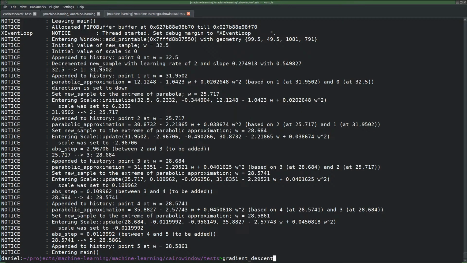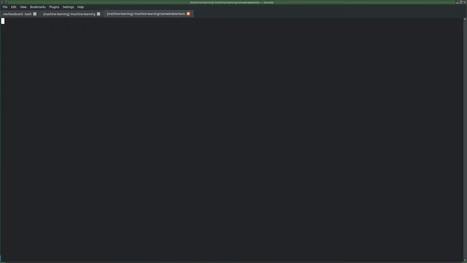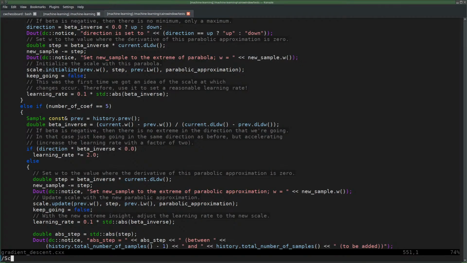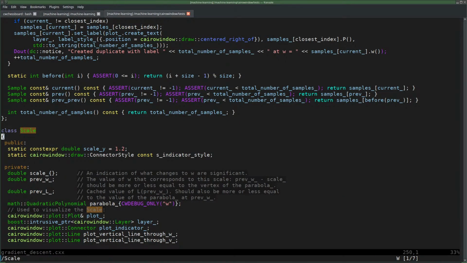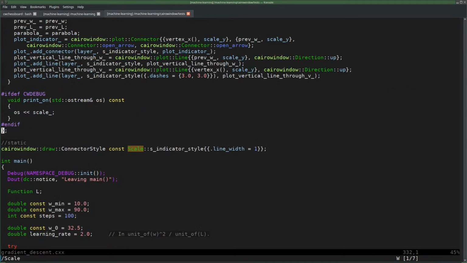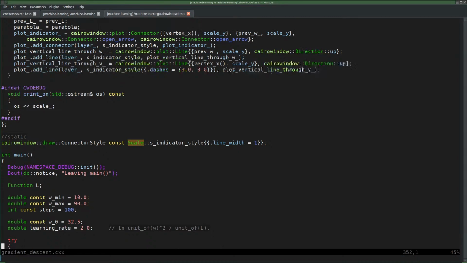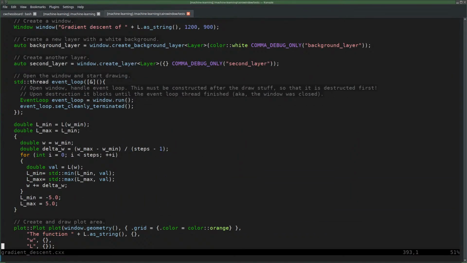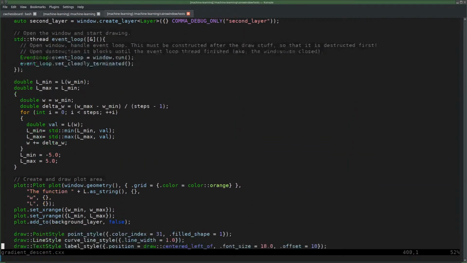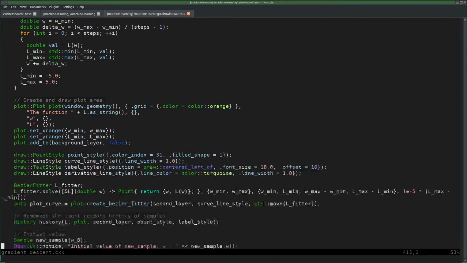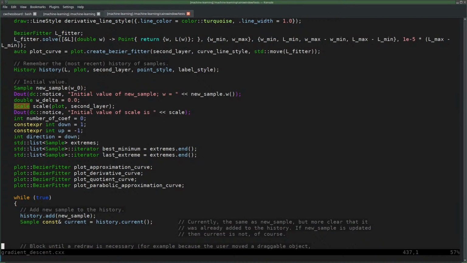Which means that at the very least I have to put scale into its own header then. And then I reproduce the code here that does the parabolic approximation.